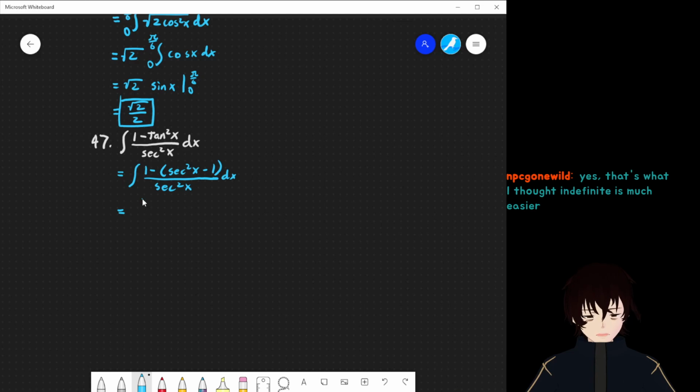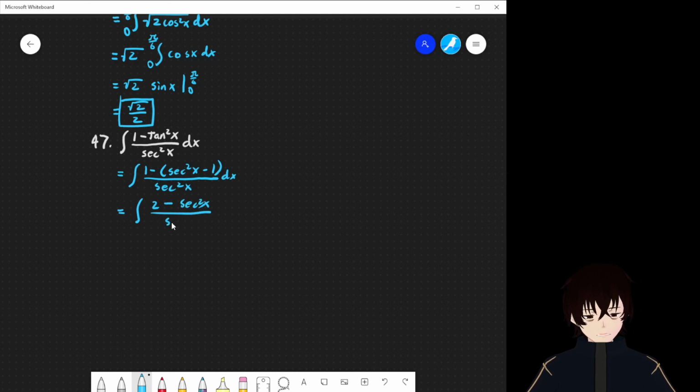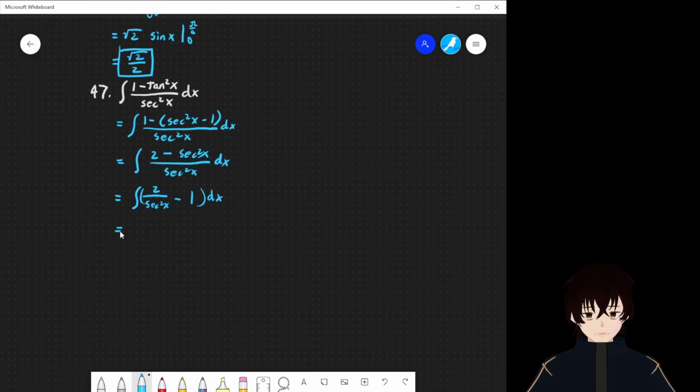So that would be equal to 2 minus secant squared x over secant squared x, which would be equal to the integral of 2 over secant squared x minus 1 dx. Rewrite that a little more.